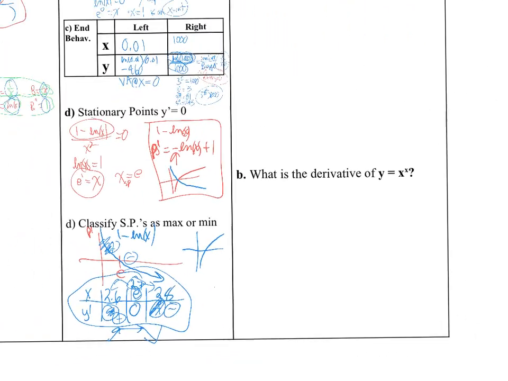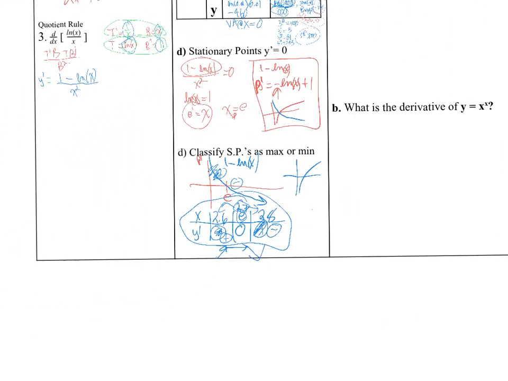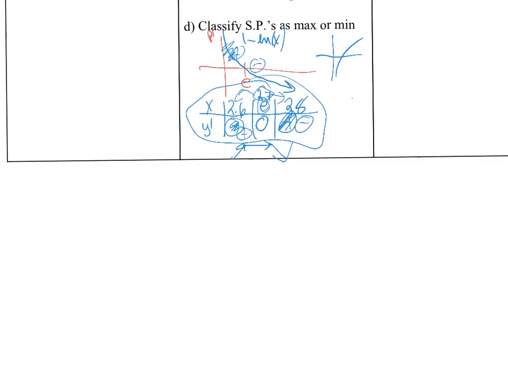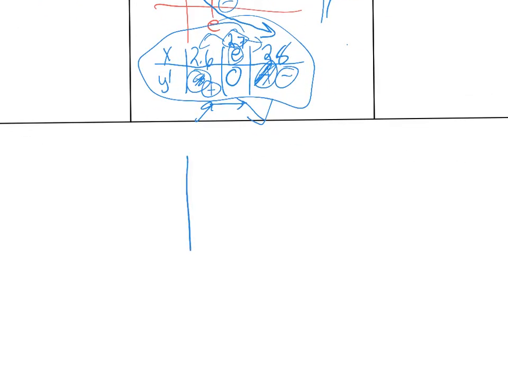All right, finally, let's make our sketch. What information did we have for this one? We knew there was a vertical asymptote at x equals 0, and that the curve went down the asymptote. We know there was an x-intercept at 1, and e is about 2.7.